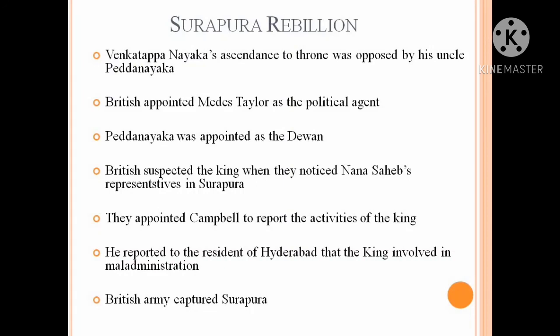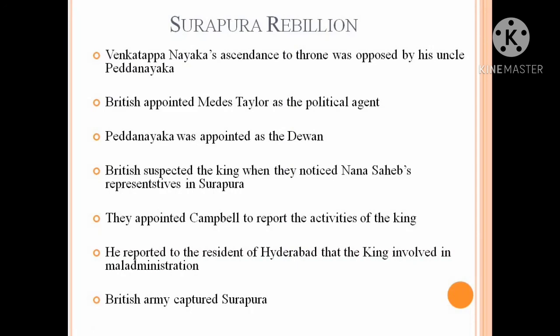So they observed Nana Sahib's representatives in the kingdom and suspected this king of working against the British. They appointed Campbell, an officer, to report the activities of the king. And Campbell reported to the resident of Hyderabad that the king was involved in maladministration.